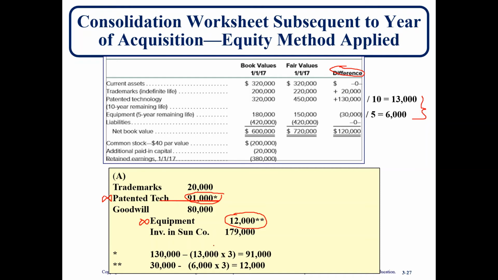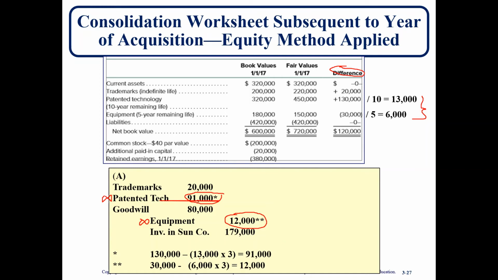This accumulated amortization is kept off the books because, as we recall, the consolidation entries are only for the purpose of consolidating both financial statements. So none of them, not the parent, not Sun Company, will be journalizing any of these transactions. So in their books, we'll still continue to show the same amounts.